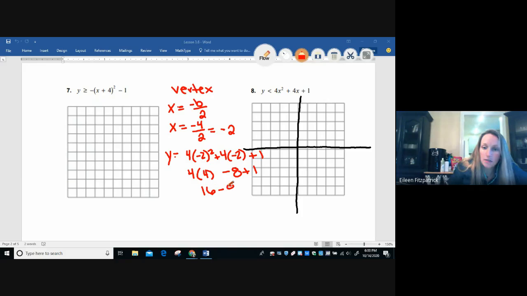That's 16 minus 8 plus 1. That's 8 plus 1, which is a 9. Okay, so your vertex is negative 2, negative 9. Sorry, negative 2, positive 9. I'm probably going to have to move my x-axis.